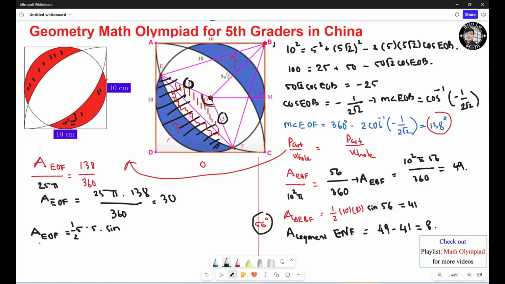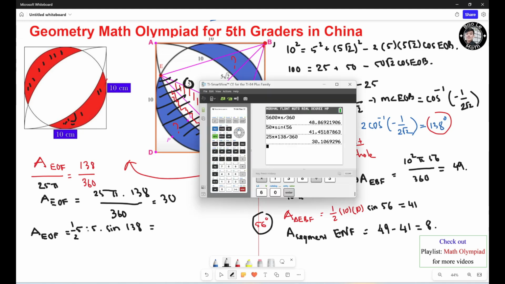It's going to be 138. So 5 times 5 is 25, 25 divided by 2 is 12.5, times sine 138. It's going to be 8.4.